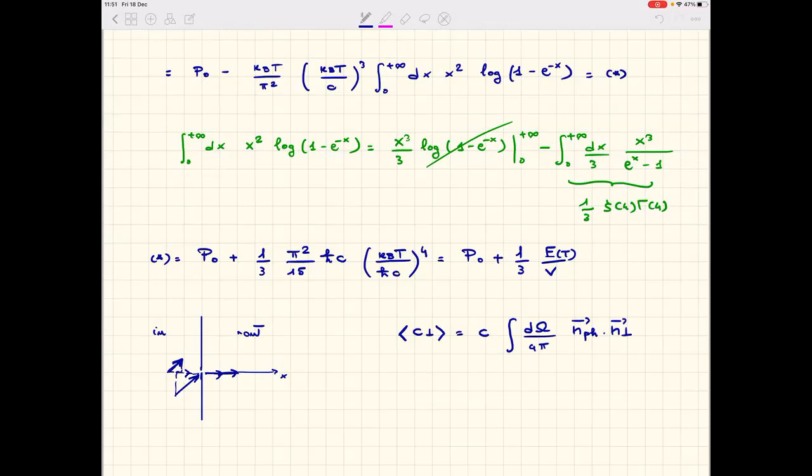Here I'm not integrating over the entire solid angle, only over the portion which has a positive projection. So if you do this integral over omega plus, you will get that this is nothing but c over 4. You get a factor of 4.